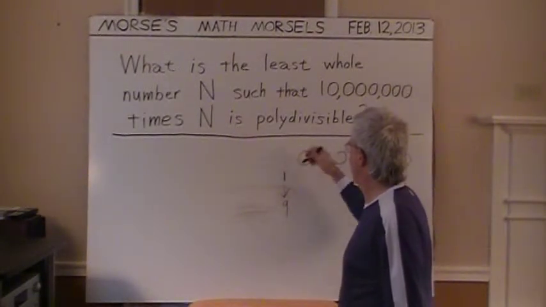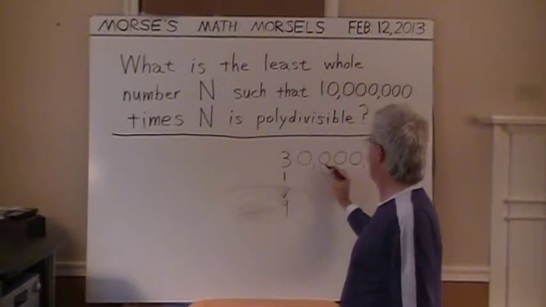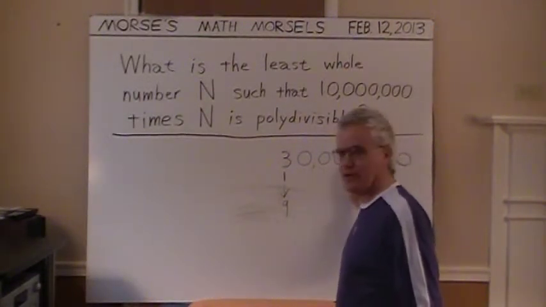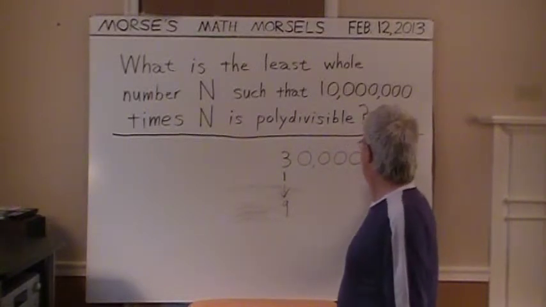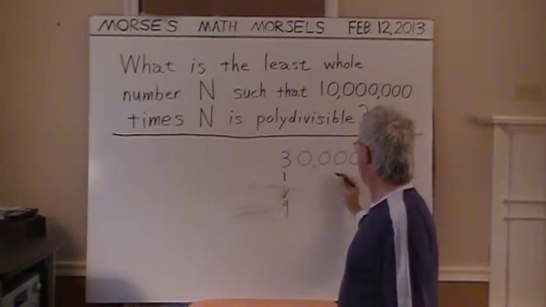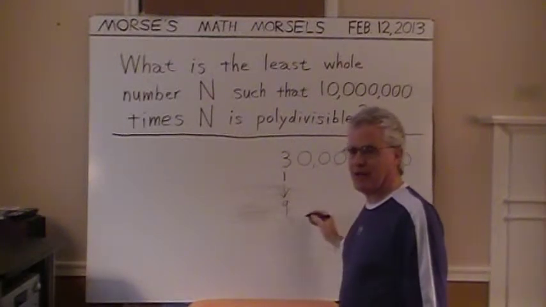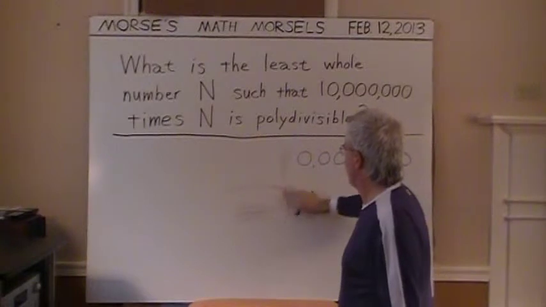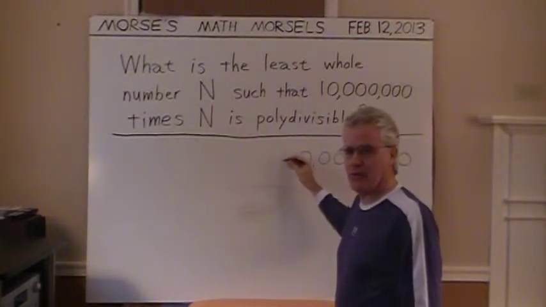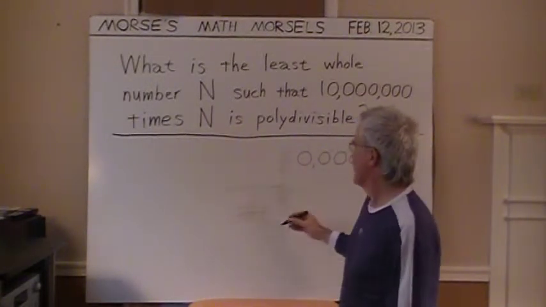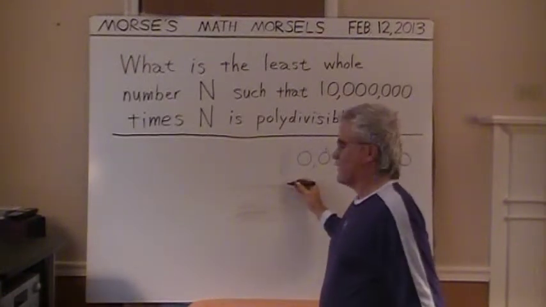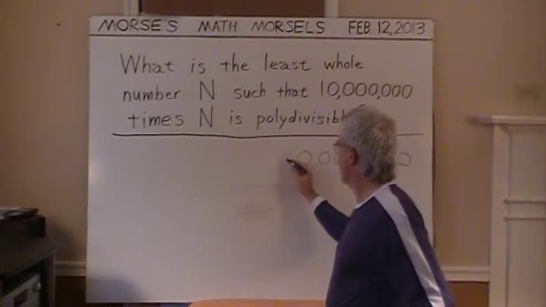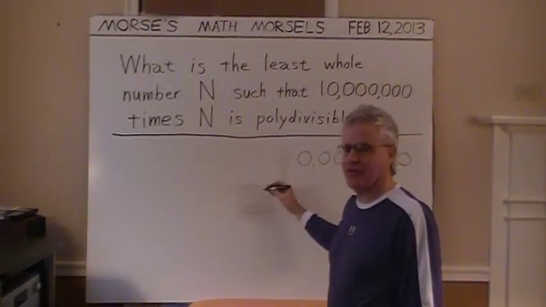We can't use 30 million. 30 is divisible by 2, 300 is divisible by 3, 3000 is divisible by 4, but we run into the 7-digit number 3 million, which is not divisible by 7, alas. And for that reason, we cannot use 4 or 5 either, because they're not multiples of 7 either. So it looks like n has to be at least 2 digits.